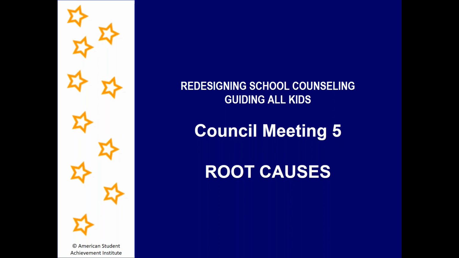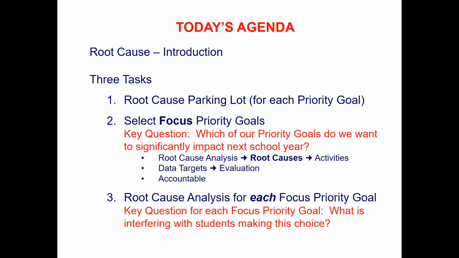Okay, so cover slide, today's agenda. We're doing three things. We're going to come up with the root cause parking lot, a list of things that we think might be interfering with our students' ability to be making good choices. Then we're going to select a few of your priority goals that we really want to nail hard.